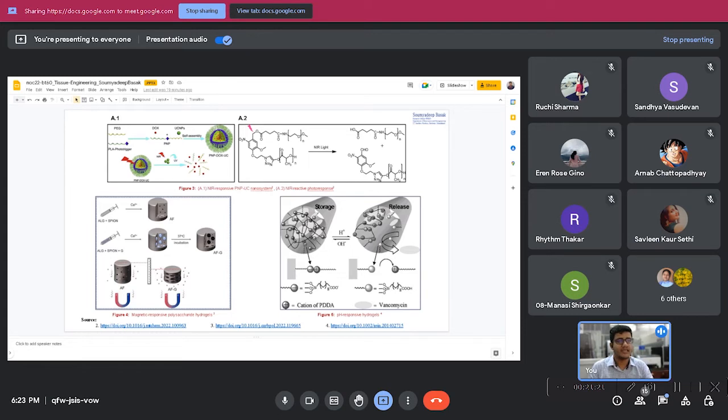That is here UV light. You can see the UV light is there. That UV radiation is helping in depolymerizing and releasing the doxorubicin, that is the payload. So this is one mechanism where NIR light or photosensitive mechanisms are being used for payload release.